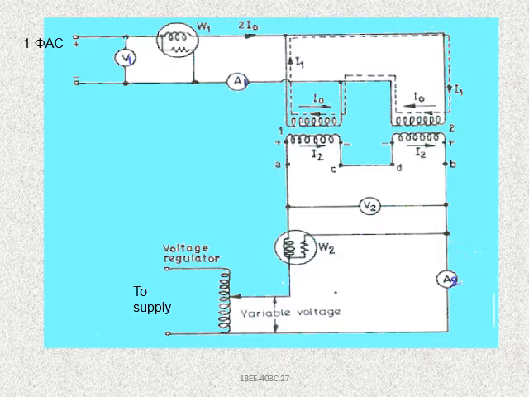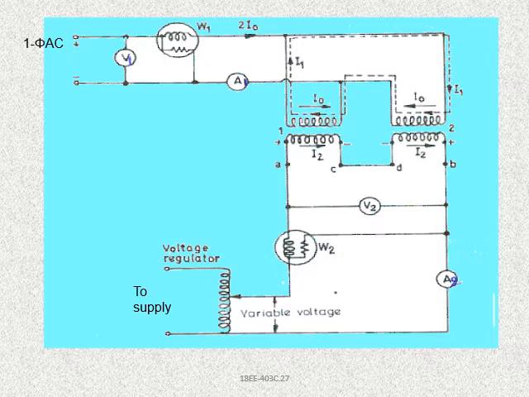Firstly, we have a single phase supply of phase and neutral. A voltmeter is connected in parallel to it in order to measure the voltage. An ammeter is connected in series in order to measure the current, and there is a wattmeter connection with potential coil and current coil.